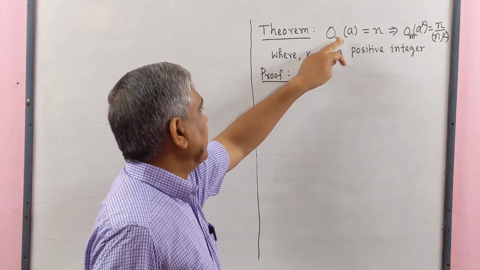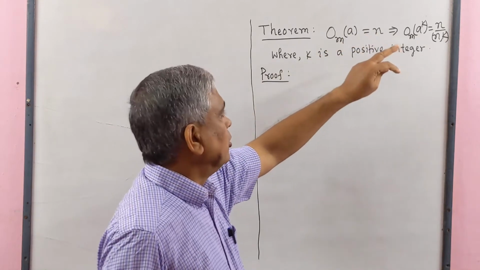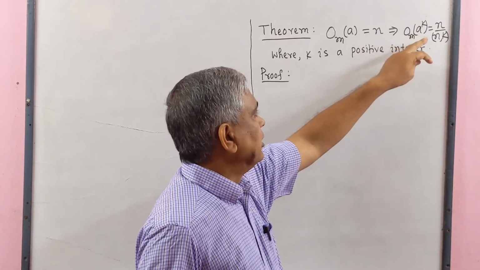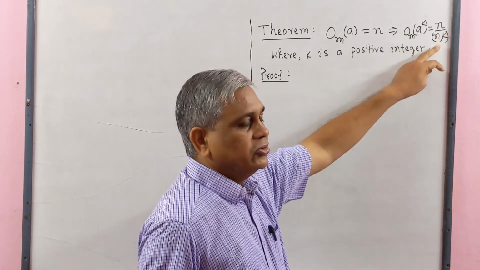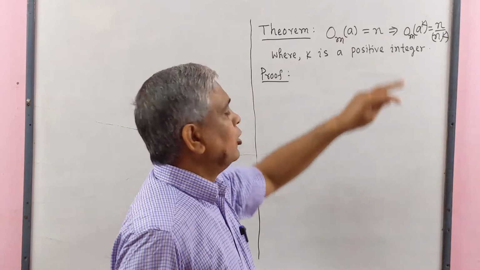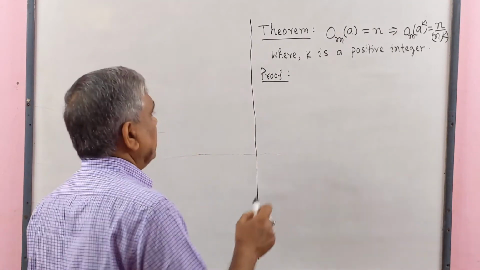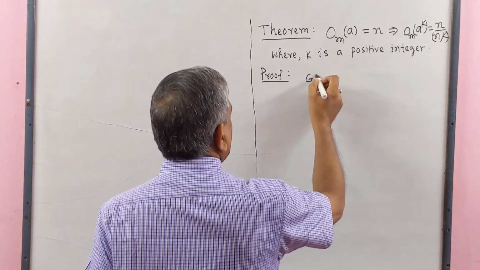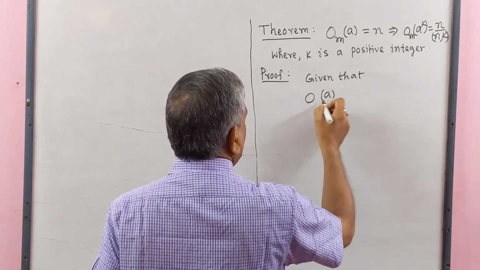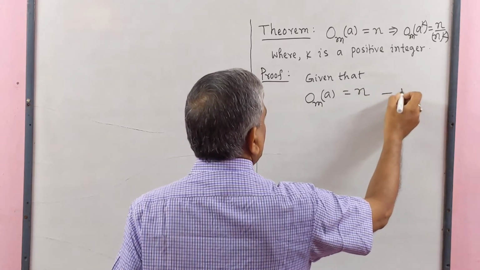Order of a modulo m equal to n implies that order of a to the power k modulo m equal to n by GCD of n and k, where k is a positive integer. Now we prove this. Given that order of a modulo m equal to n, this is number 1.